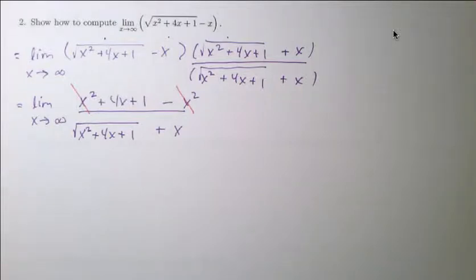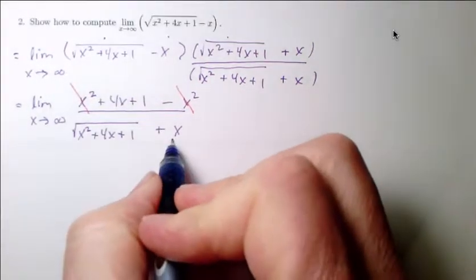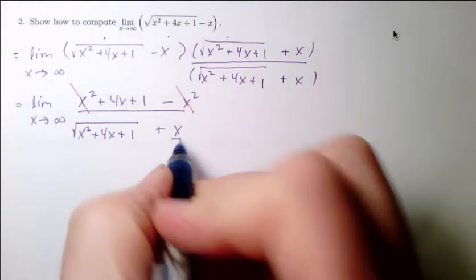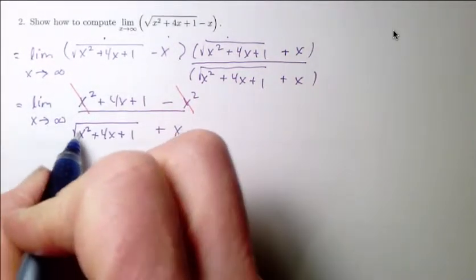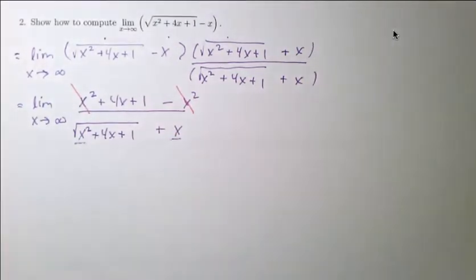And now we're going to divide through by the highest power term in the denominator once again. In that case, we see an x here, and we see square root of x squared, so again x. So we're going to divide everything by x.